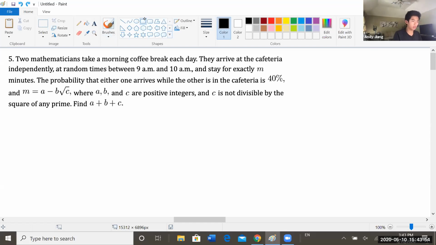Now, what are the constraints? Well, they both have to arrive between 9 and 10 a.m. So I'll draw out a square like before.